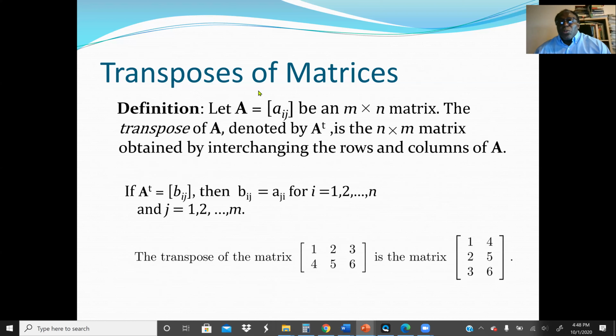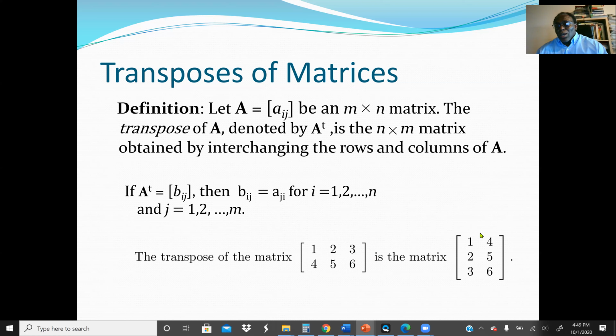So next is transpose of matrices. To transpose a matrix, we change the rows to columns and then columns to rows. So in the example here, they say we should transpose the matrix 1, 2, 3, 4, 5, 6. The size of this matrix, we have 2 rows, 3 columns, so it's 2 by 3. Now, when we transpose this matrix, all the rows become columns.